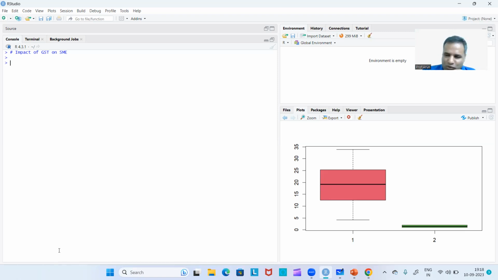Ruman ji, I haven't used the paired t-test on citation analysis, but if you have numbers before and after at two points, then just try the paired sample t-test. Perhaps it might work. And there are people who conduct workshops on bibliometric analysis, so you can definitely ask them this question.